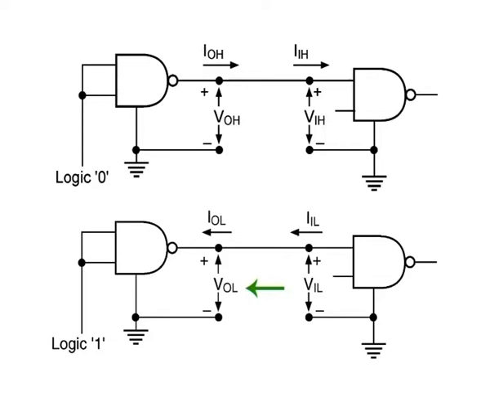It may be mentioned here that for a logic family, the VOL specification is always smaller than the VIL specification to ensure output to input compatibility when the output of one device feeds the input of another.